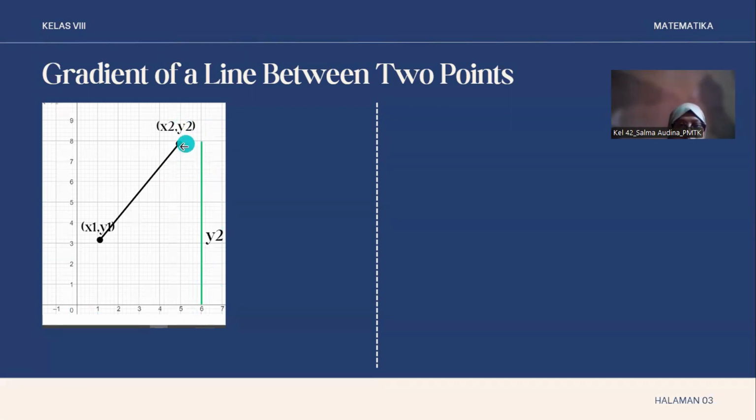And then the first orange line represents the vertical distance from the origin to the first point, x1, y1. And the length is y1.